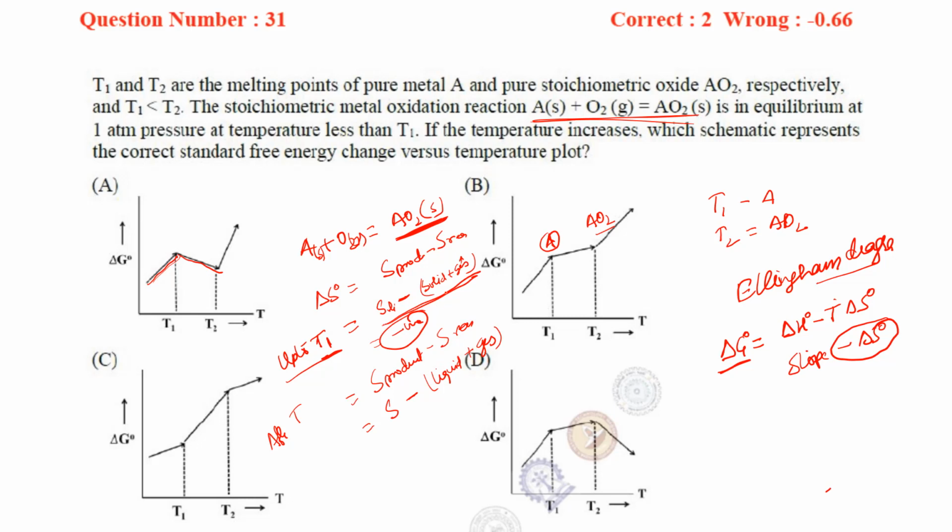So on the reactant side the solid is getting transformed into liquid, and we know that the entropy of liquid is more as compared to solid. So the negative will be higher negative, that's why the slope here will be more positive. Initially the slope is this one, suppose, then the next slope should be higher than this one.